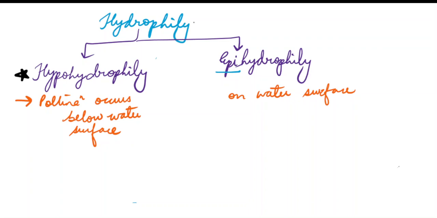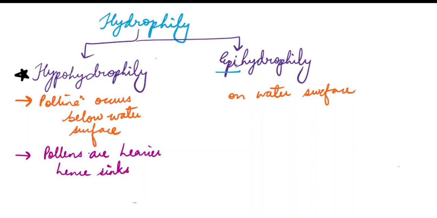I will write here that pollens are heavier, hence sinks. If the pollens are heavier, then they sink, and if pollens sink, then the flowers are present at the bottom, below the surface, so the stigma will receive the pollens.